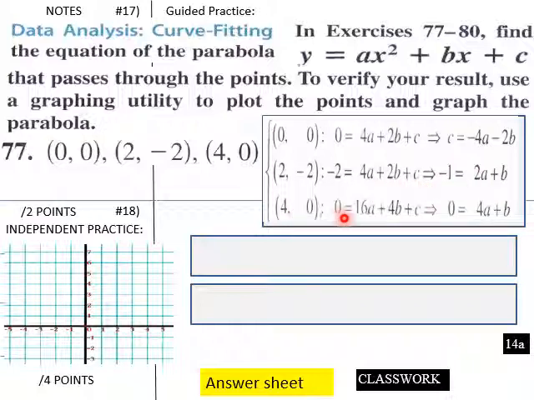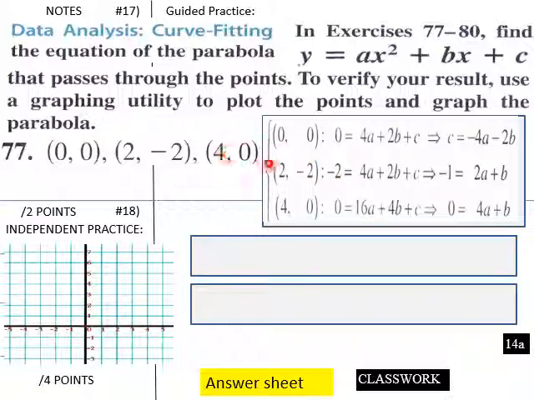And then for 4, 0, you have 0 equals 16a plus 4b plus c, so 0 equals 4a plus b.